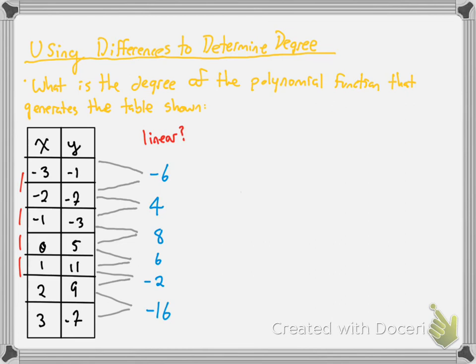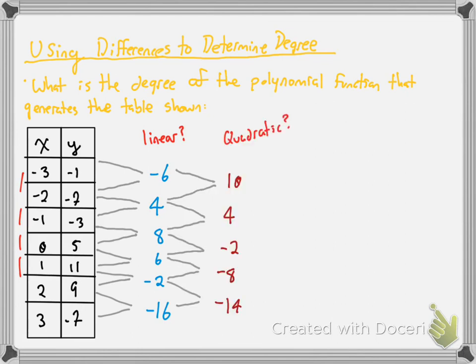Here I could see by these blue numbers that I'm not changing by the same amount every time, so I need to do this process again. So what I'm going to do now is find the difference of those numbers. Now, if those numbers were the same, that would mean that I had a quadratic function. Here I can see by that new list of red numbers that I still don't have the same difference every time. So this can't be a quadratic function. So I'm going to do the process again.